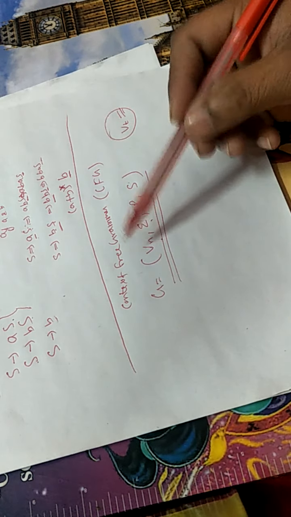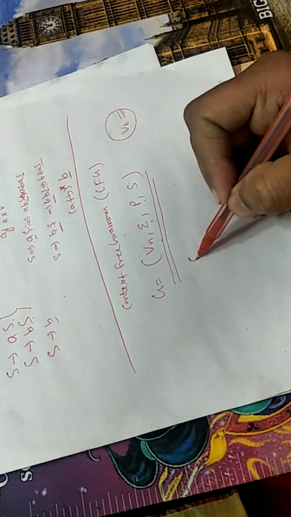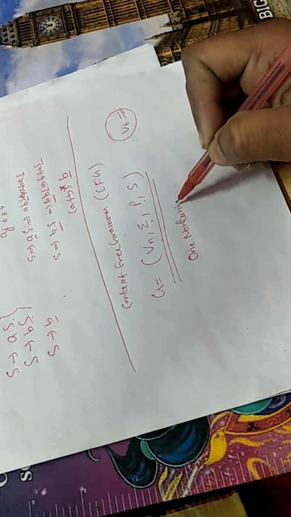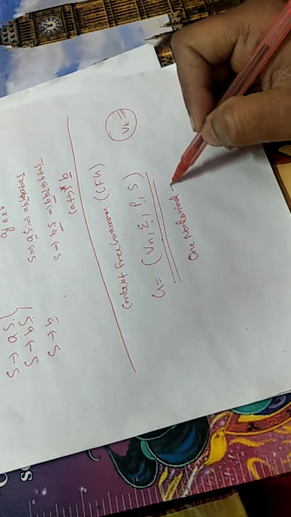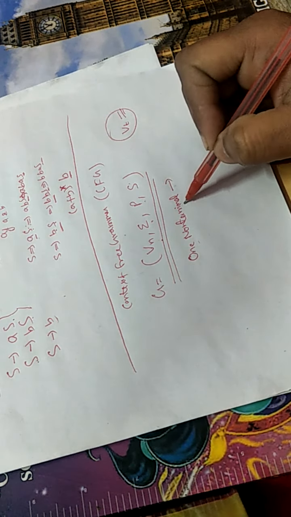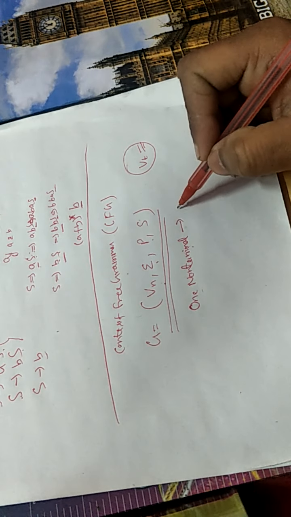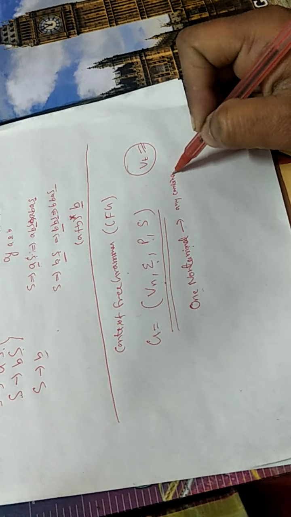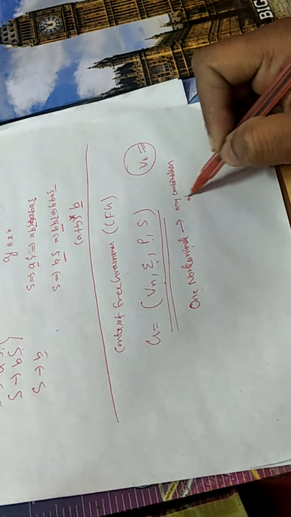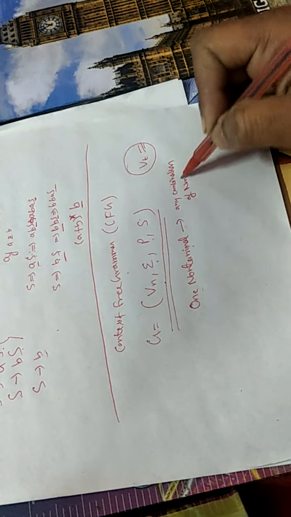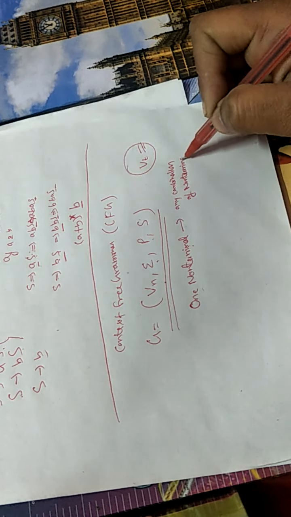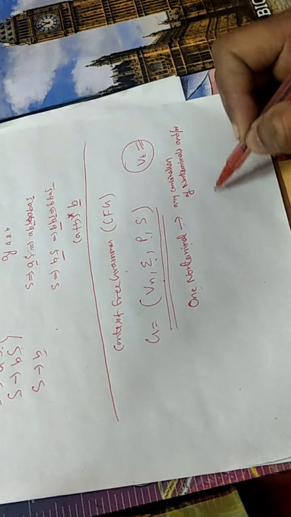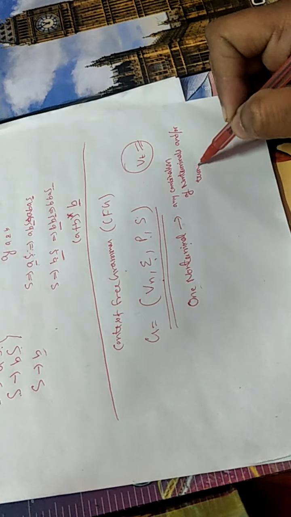What is so special about CFG? In CFG there will be one non-terminal in the left hand side of the production, and in the right hand side we can have any combination of non-terminals and or terminals.